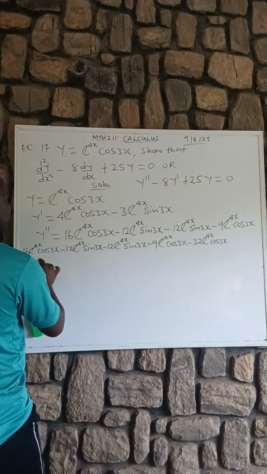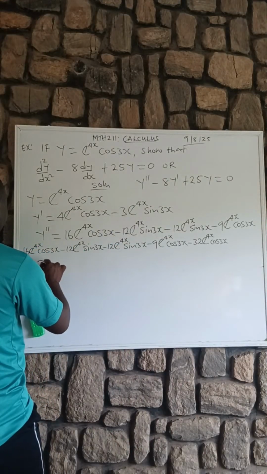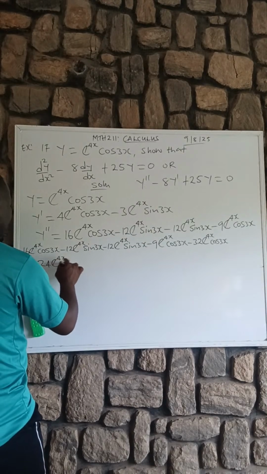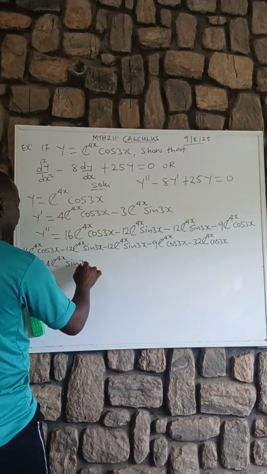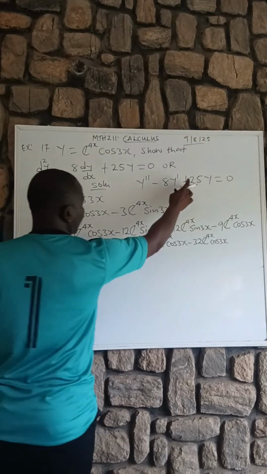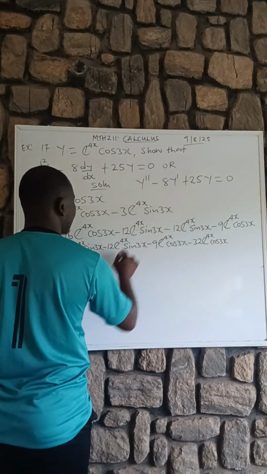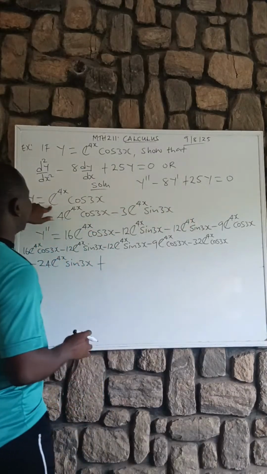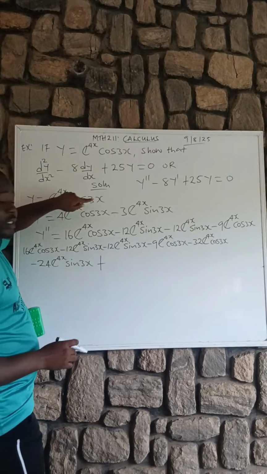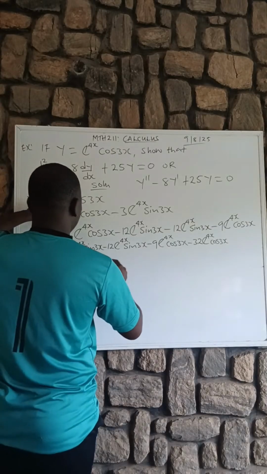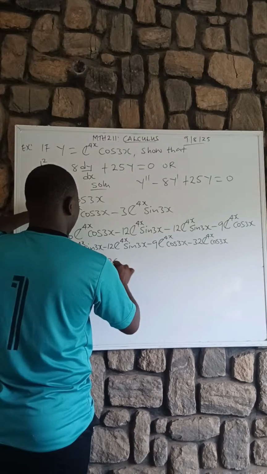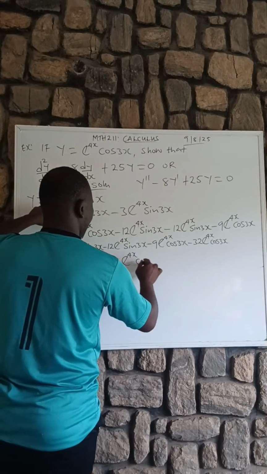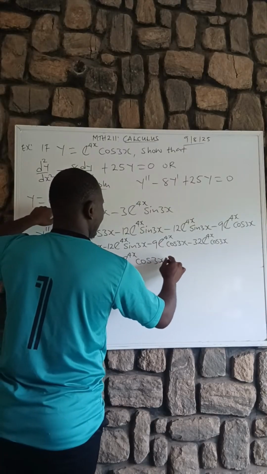Minus 24 exponential 4x sine 3x. Then what we have here, plus 25. Our y here is exponential 4x cos 3x. So use it to multiply this. So here will be 25 exponential 4x cos 3x equals 0.